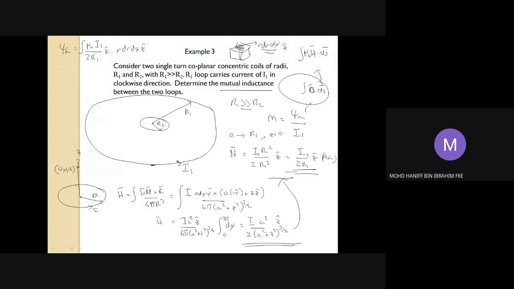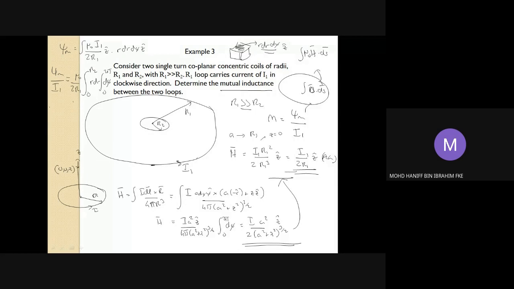And as such, I can write the flux amount per unit current, I1. I bring the I1 to the left hand side, so that will be mu naught over 2R1, integration of r dr d phi. Because this deals with the radius of R2, it should be from 0 to R2, and d phi will be from 0 to 2 pi.